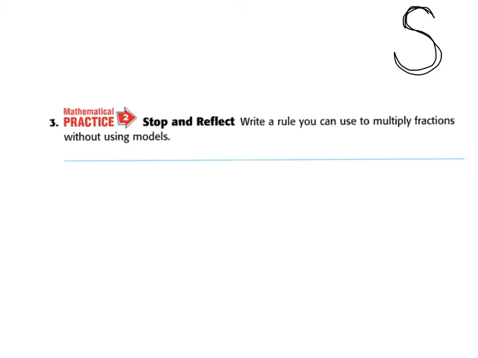And here I'm asking you to pick up on a pattern. If you weren't using a model to multiply fractions, how else could you multiply fractions without using a model? Think of what we discovered in each of our models. What made it easier than counting all the squares? I'm interested to see what you come up with.